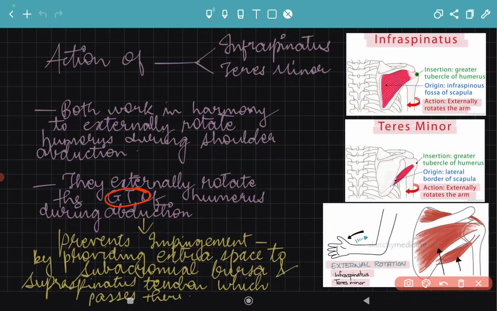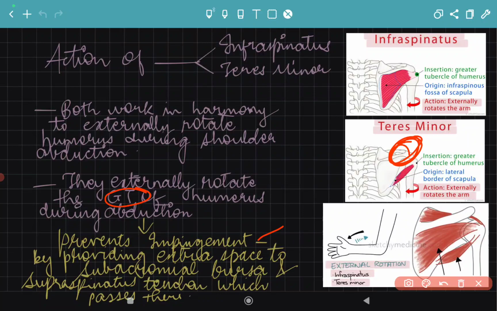By doing this, they prevent impingement of shoulder by providing extra space to the subacromial space, to the subacromial bursa. So we know that there is space where there are soft tissues including the bursa, subacromial bursa, and the tendons of muscle of rotator cuff, mainly the supraspinatus tendon.